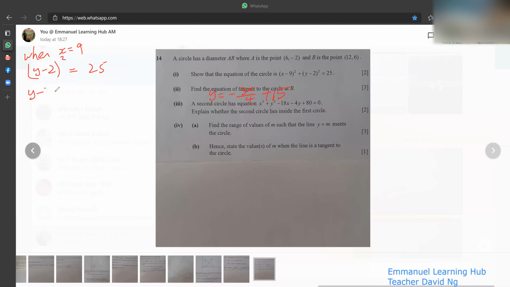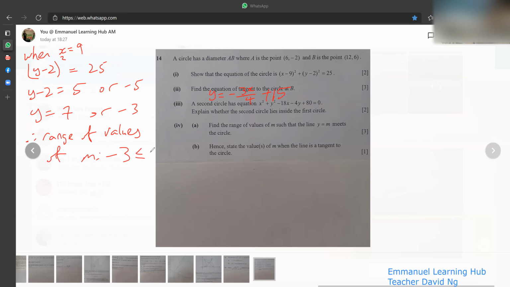So y minus 2 is either 5 or minus 5, so y is either 7 or minus 3. So the range of values of m will be between minus 3 and 7, because if y is equal to m, this is a range that meets the circle.